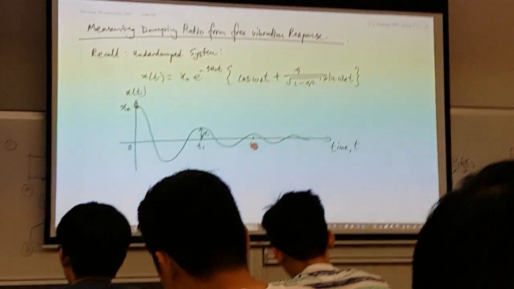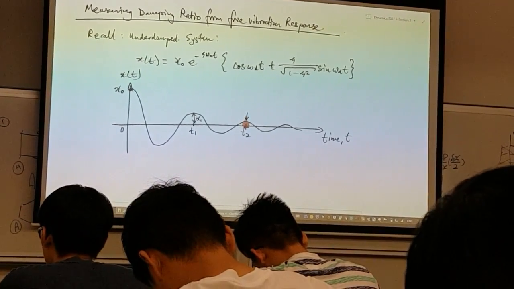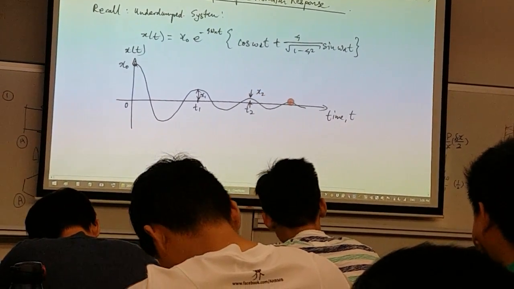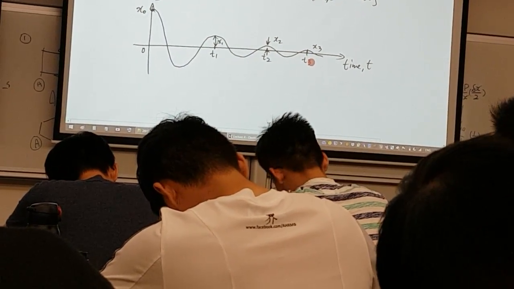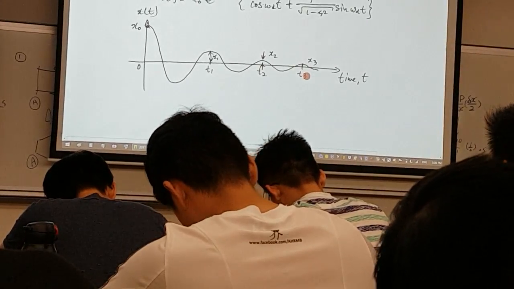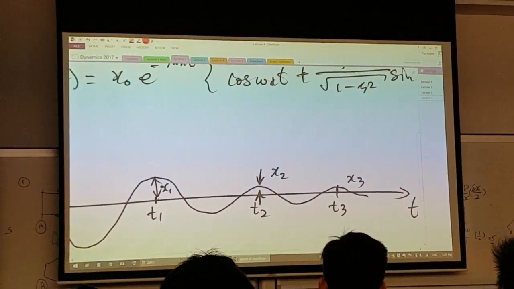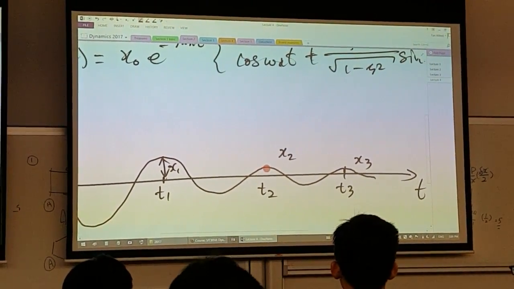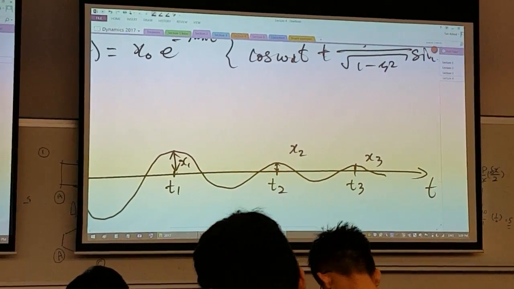This point here, t2, I call this amplitude over here x2, and this part over here, x3 at t3. All these are talking about amplitude. Maybe it's easier if I do the arrows consistent. This amplitude, and at this time t2.